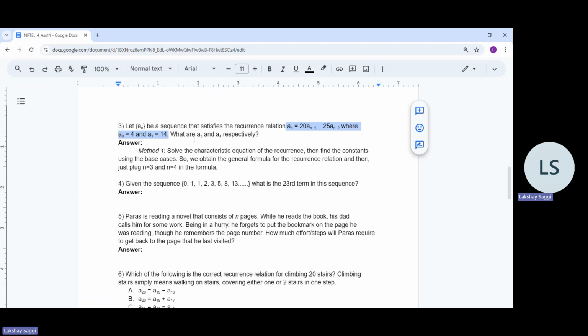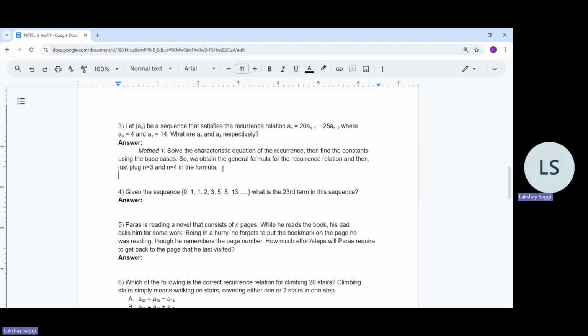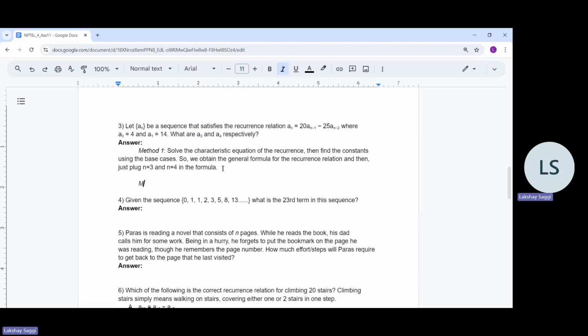But note that this question specifically does not ask us to solve for general an. It just wants us to find out the values of a3 and a4. So the other method, method two, which I would advise you to prefer here to solve the question faster, would be to just use this recursive relation to find out these A3 and A4.